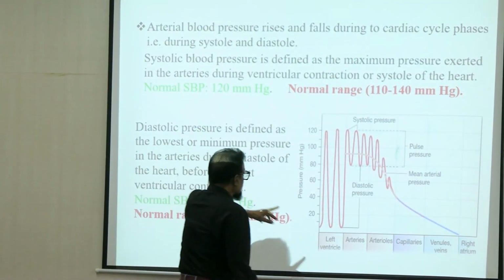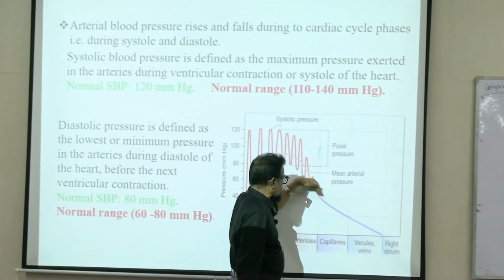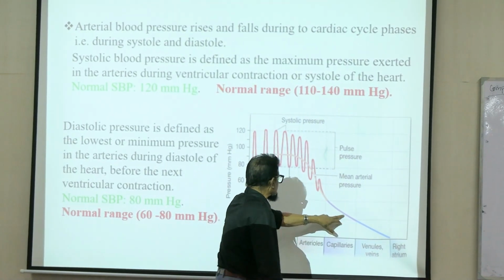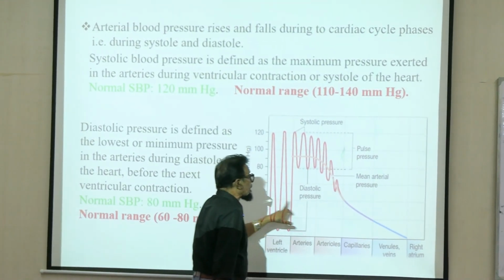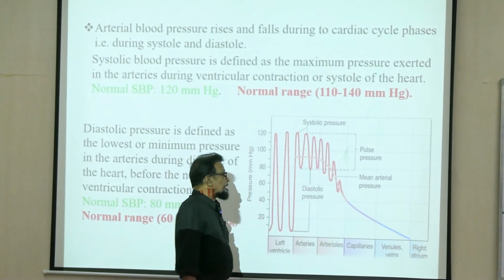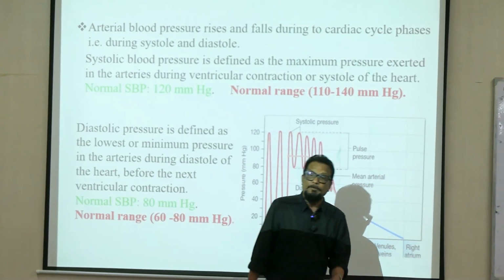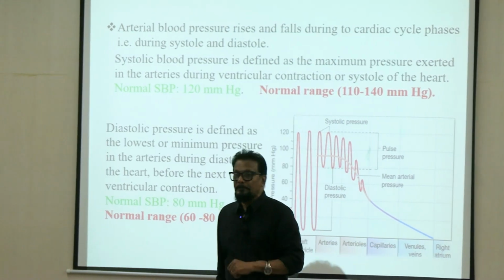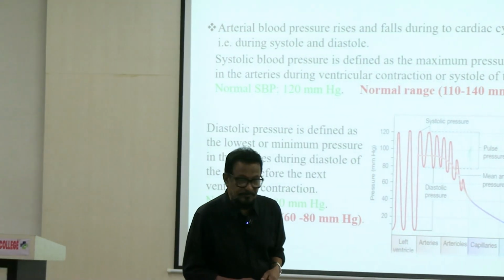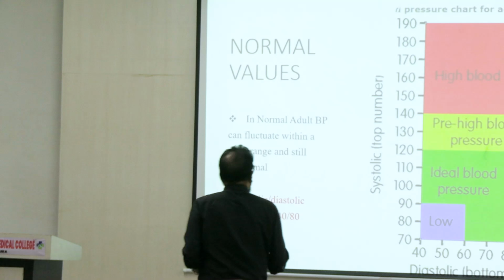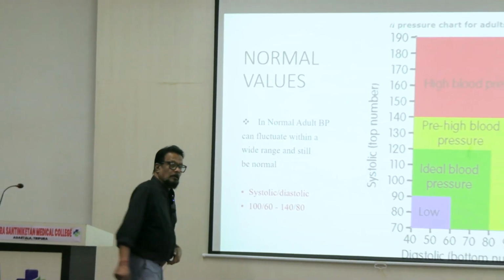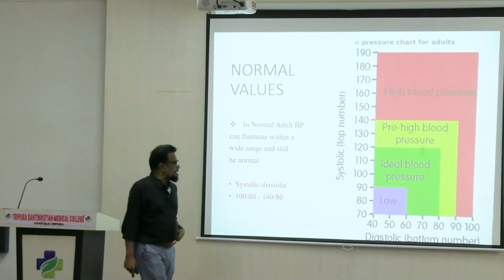So here in the capillaries, the mean pressure will be about 40 to 20 millimeter of mercury, and in the veins it is even less. In the right atrium, it is about 3 to 4 millimeter of mercury. Okay, so these are the normal values of the blood pressure.